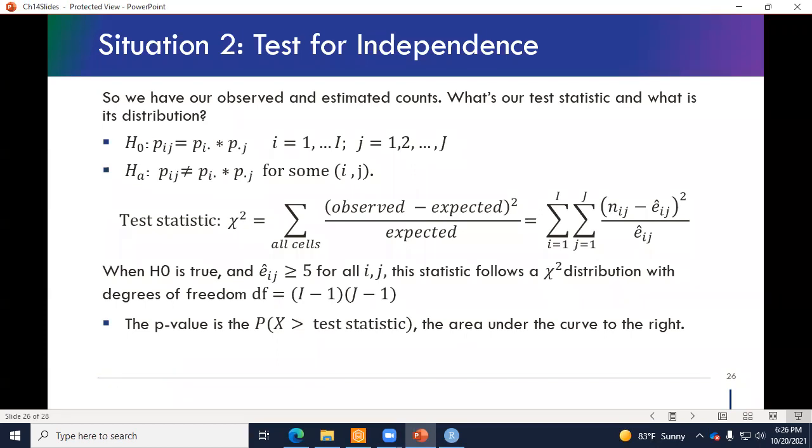If it does not follow the chi-square distribution, our test is not reliable, so we cannot use the chi-square curve to get our p-value. This is something to be noticed. And as we mentioned, if this is not satisfied, we can always combine some of the cells, right?